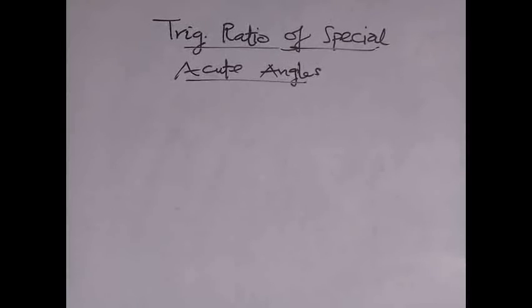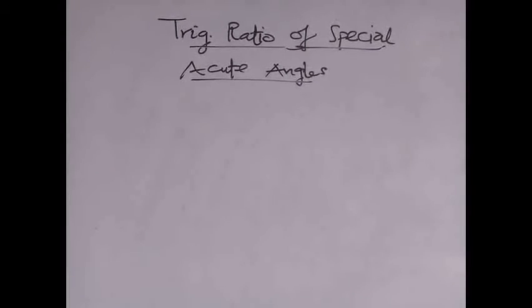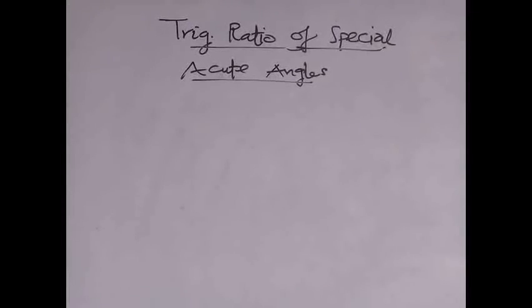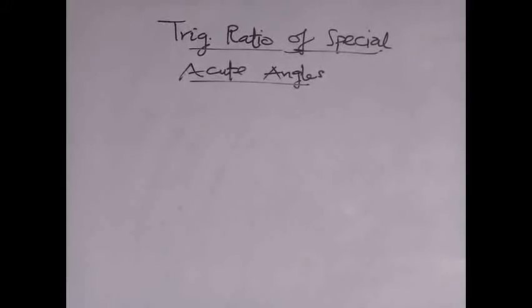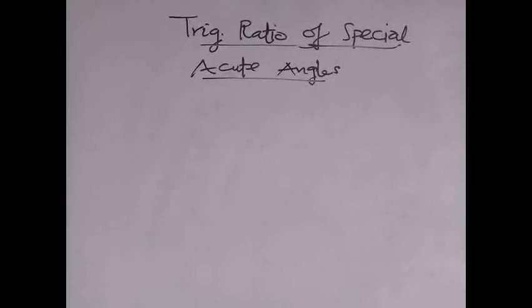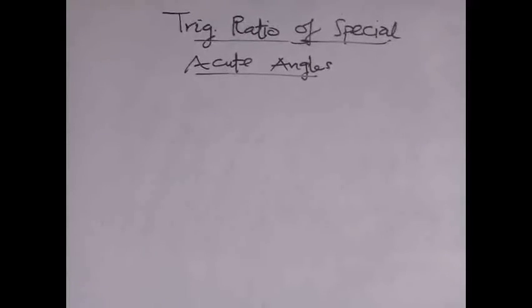What are special angles? Special angles are angles that can be simplified without the use of calculators or mathematical tables. That is, the values of each of the angles can be known or determined without the use of a calculator or mathematical table.